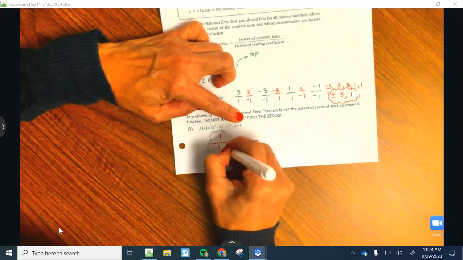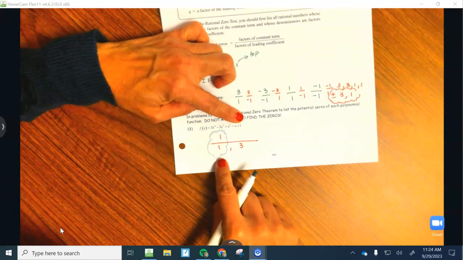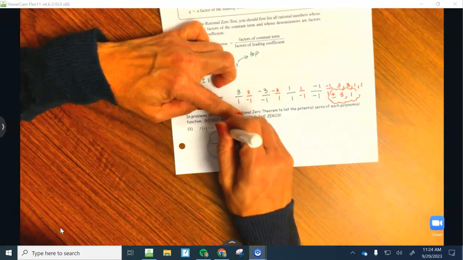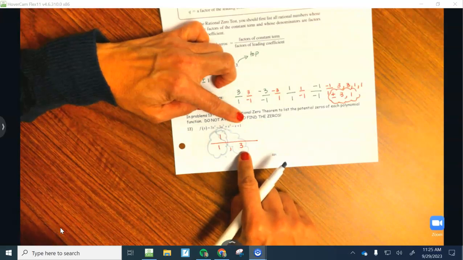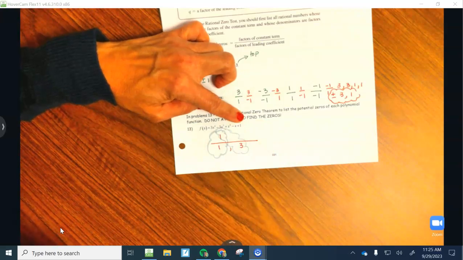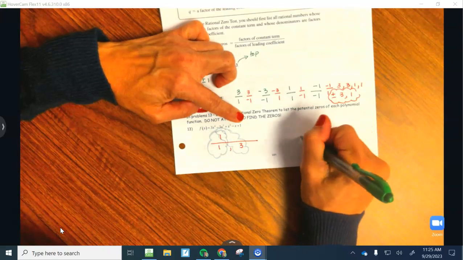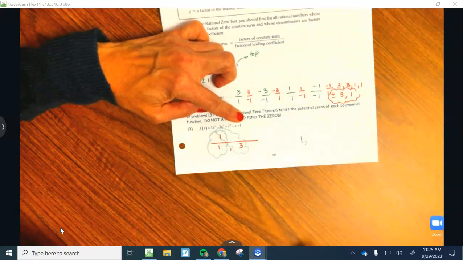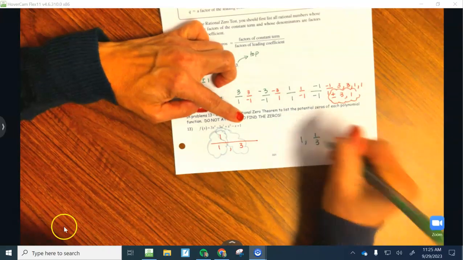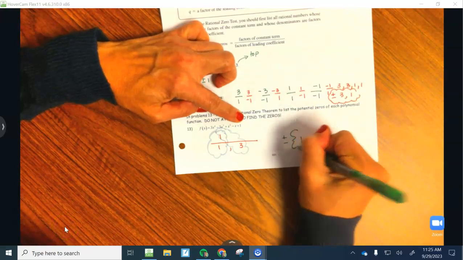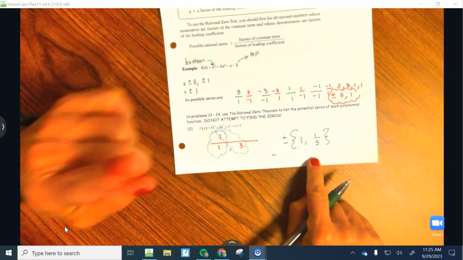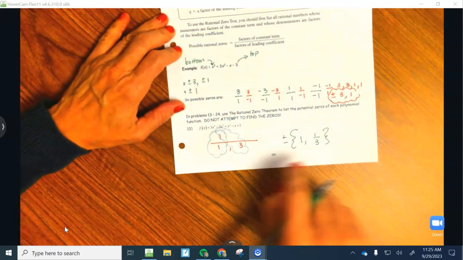We're going to have 1 divided by 1, which is 1. Then we're going to have 1 divided by 3, which is 1/3. So what are all the possible zeros? 1 divided by 1 is 1. 1 divided by 3 is 1/3. But you always include all the positive and all the negative values for that. This is the rational zero test.